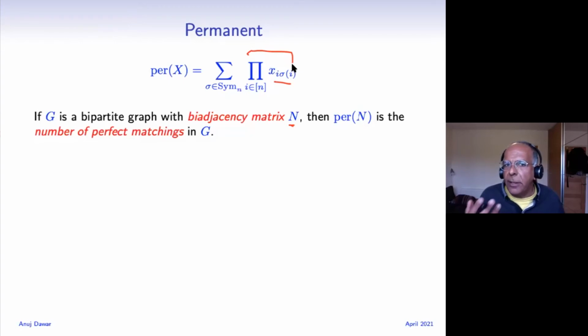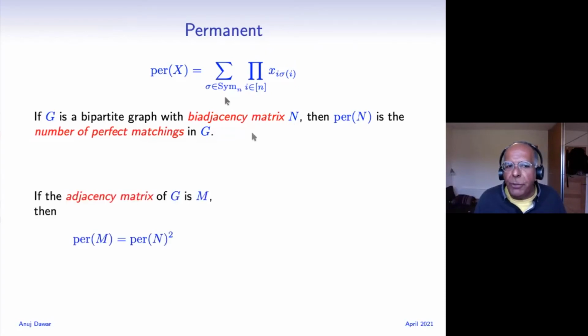This product is either 0 or 1, and it is 1 precisely when sigma, as a mapping from the vertices in A to B, is a perfect matching, right? All the edges are present. And then you take the sum over all permutations sigma, which is all possible mappings from the rows to the columns. So you get the total number of perfect matchings.